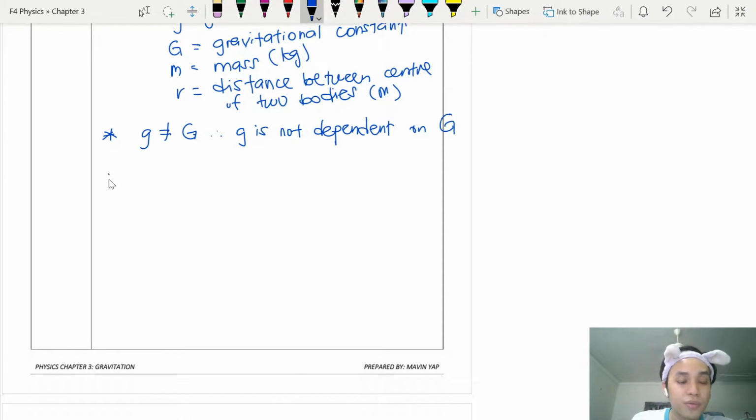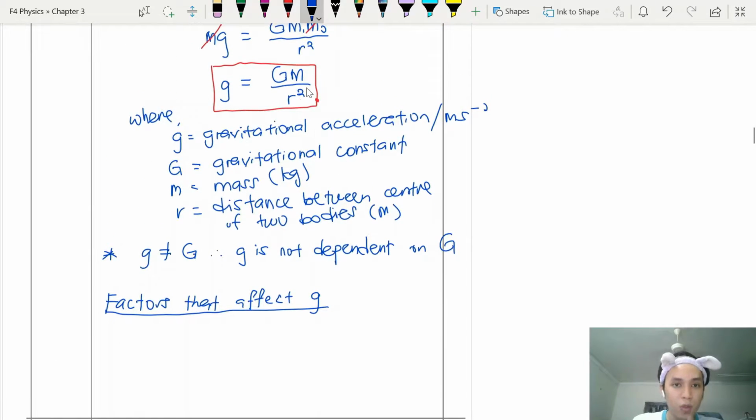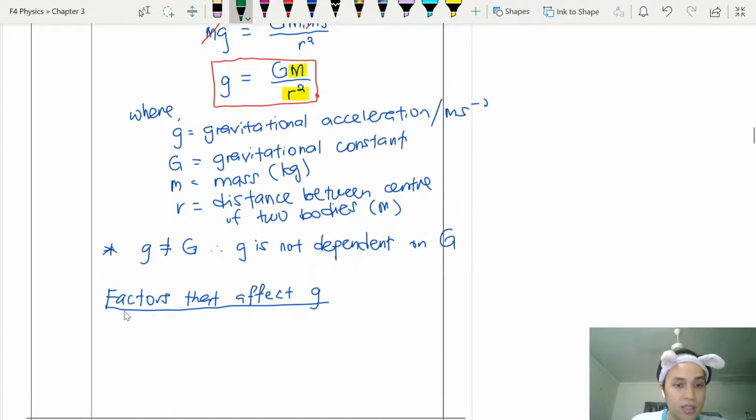So the factors that actually affect g, your gravitational acceleration, are only two things. If you look at the formula, only two will affect it. One is your mass, one is your radius or the distance. So remember these two things.